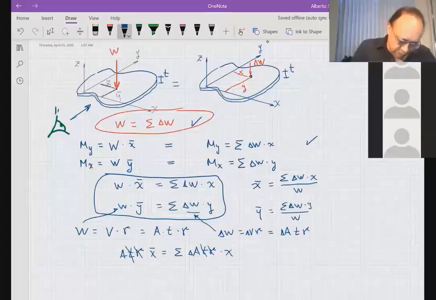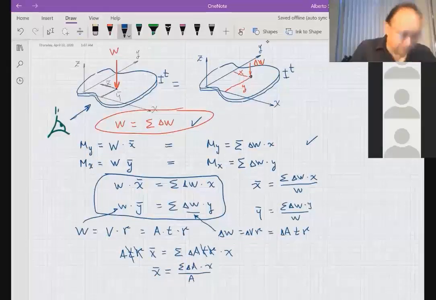So we will have that X bar is equal to summation of delta A times X divided by area.